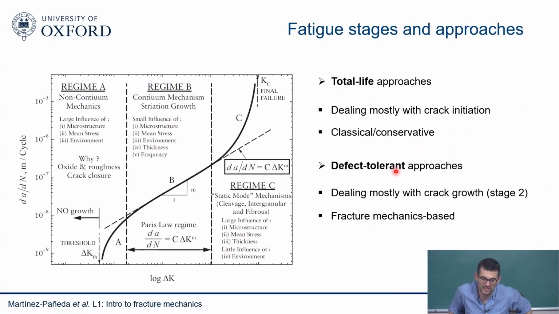So in fatigue, we basically have two approaches, or two big regimes, or three maybe. You can see here what we call regime 1 or A, regime 2 or B, regime 3 or C. I'm plotting here the log of the stress intensity factor range, and this is da/dN, the crack speed, the crack growth per cycle.